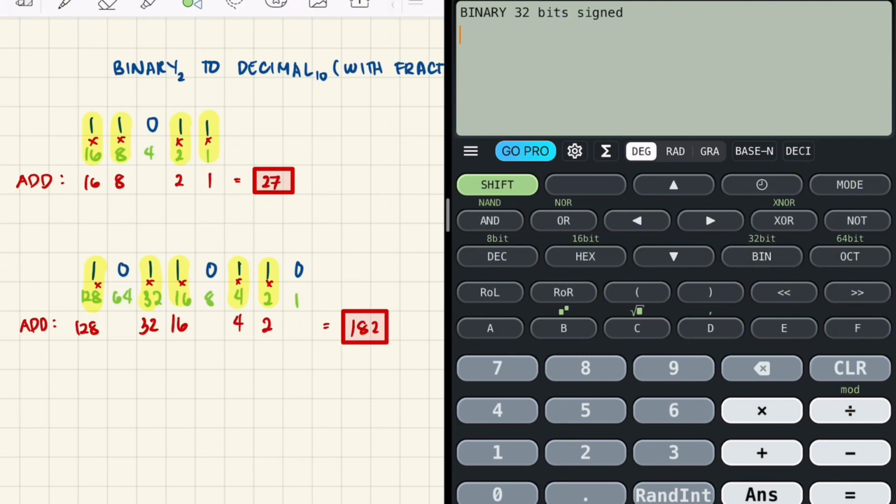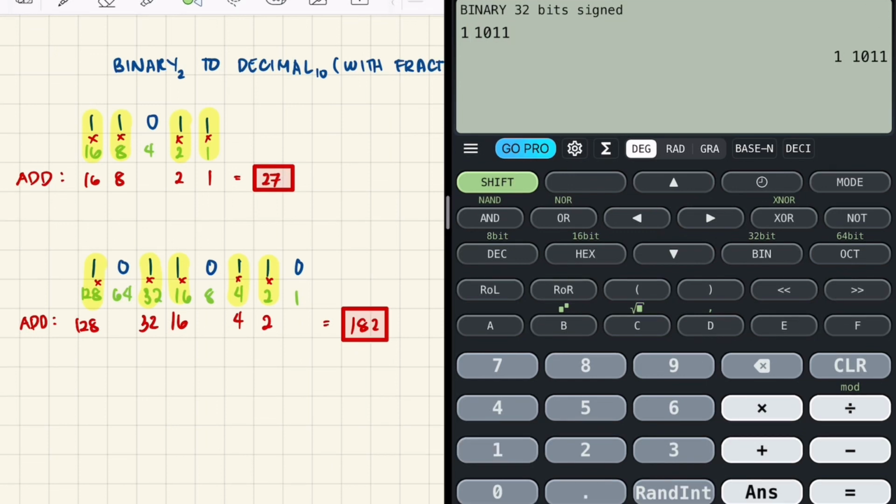So look for bin and then input the values 11011. Next is to hit the equal sign and then choose decimal, and there you go. The answer is 27, so this is correct.